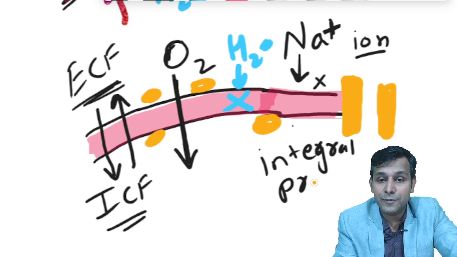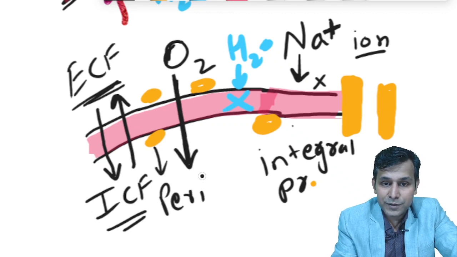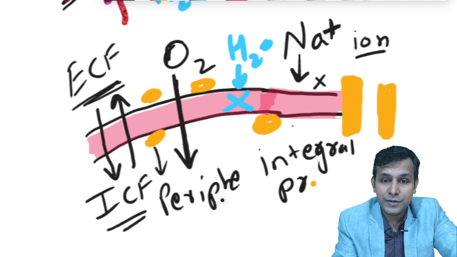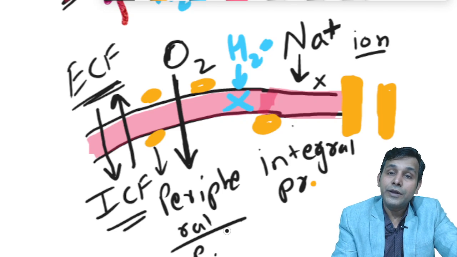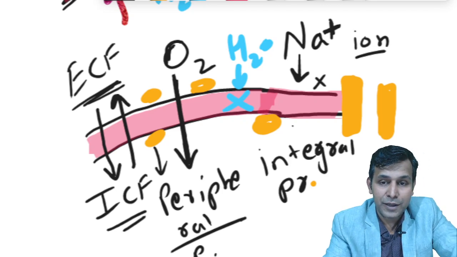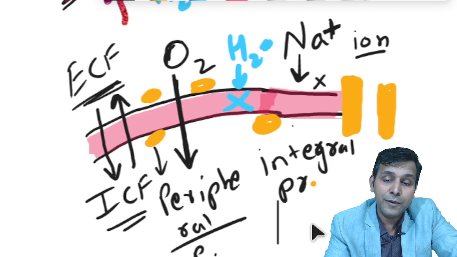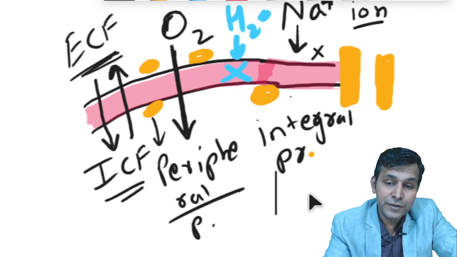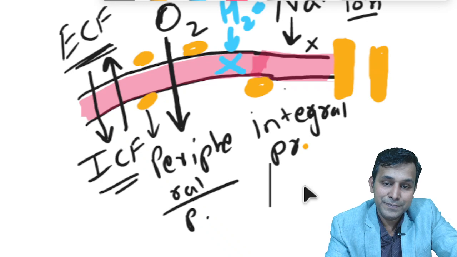So we have integral proteins and we have peripheral proteins. Integral proteins are the proteins which are spanning throughout the thickness of the cell membrane, whereas peripheral proteins are the proteins which are present on the periphery, either outside or inside.